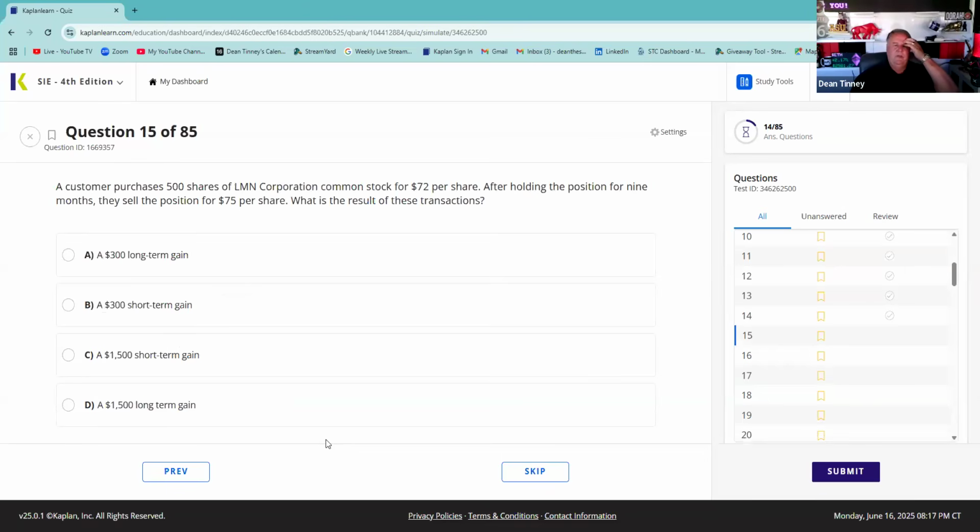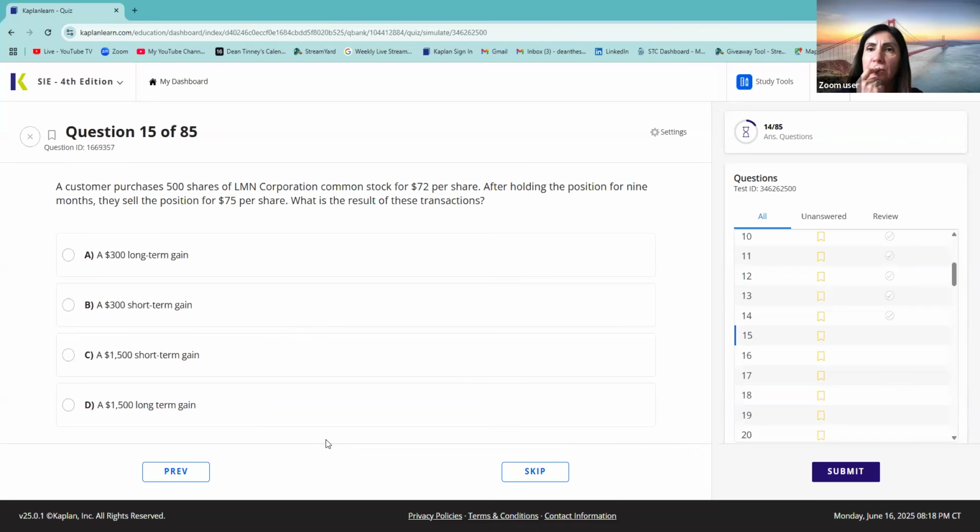A customer purchases 500 shares of common stock at 72. After holding the position for 9 months, they sell at 75. The result of these transactions. So it's short term.